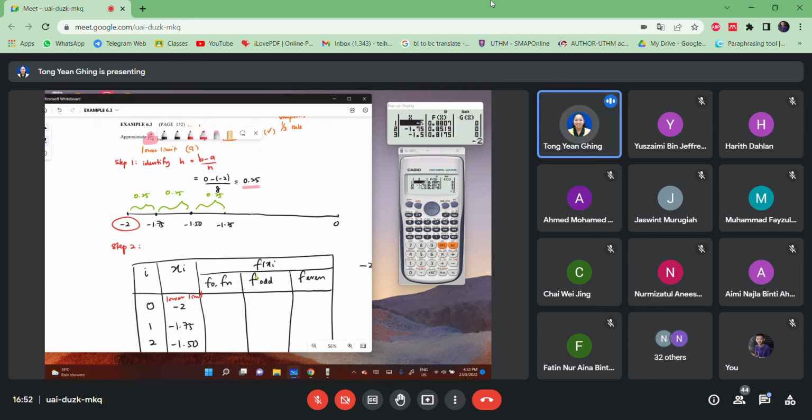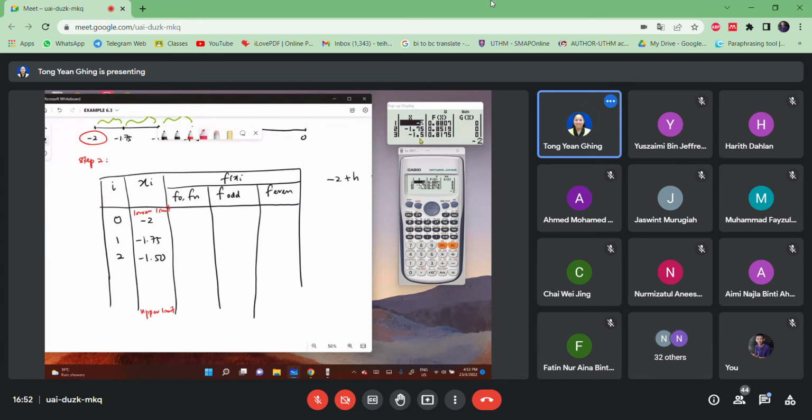For what I said just now, the first value is -2, so you key in -2. Then -1.75, and then the next one, -1.5.